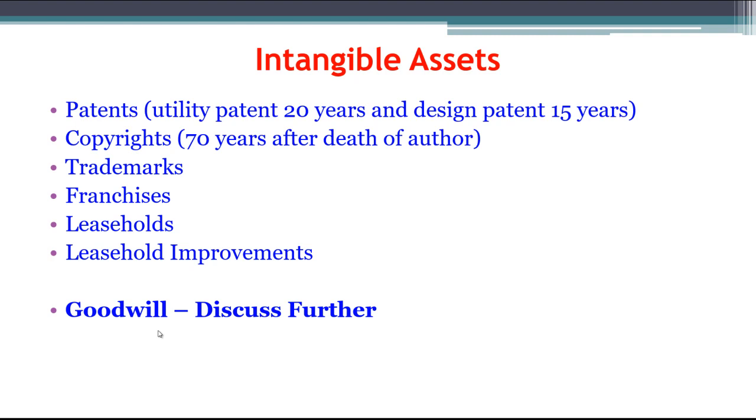So the only time they'll ever show up as an asset is when some other company pays that amount to buy the whole company, including those really, really intangible types of things. So that's what goodwill is. So with goodwill, this cost used to be amortized over 40 years.